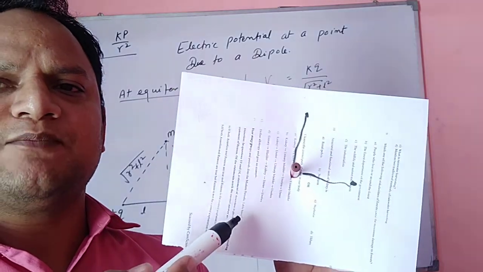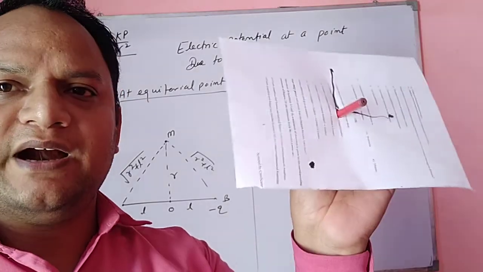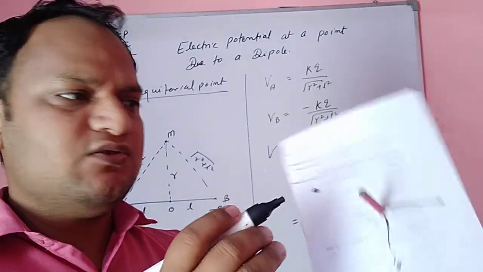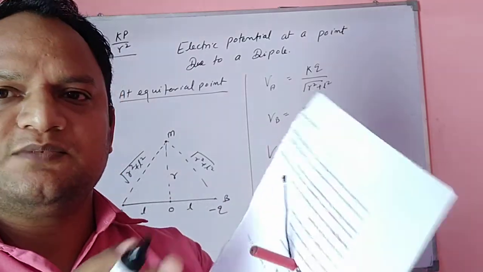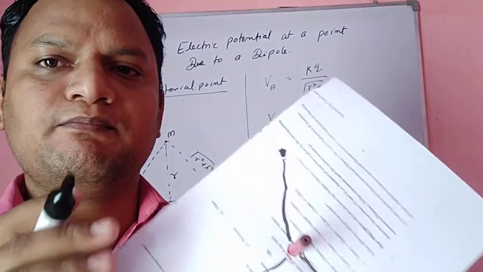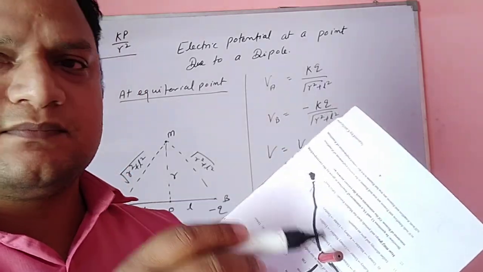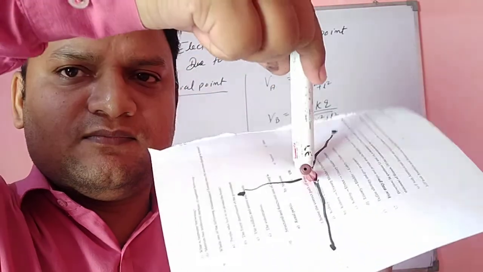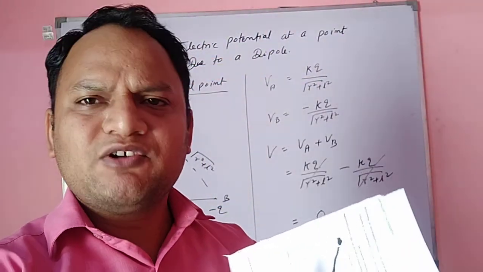So if I take any other point, suppose here, the potential at this point will be 0, because again you can see this point is perpendicular. It will make an angle of 90 degrees, like these two pens. So it is an equatorial point.